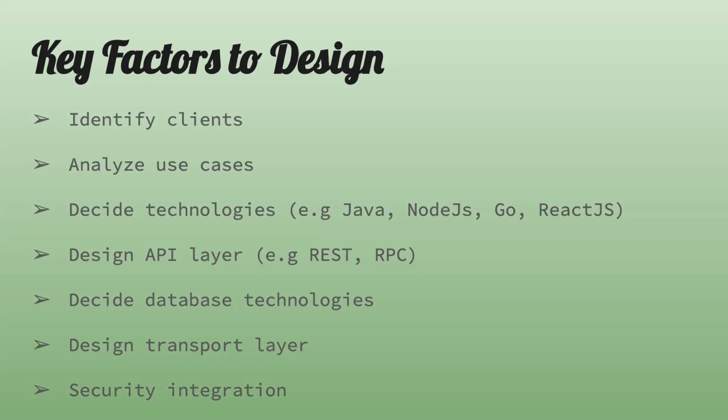What kind of APIs? We can use REST APIs or RPC. If it comes to RPC, we need to think about the forward and backward compatibility of these APIs, because when we change our backend services, how will it affect the existing clients? That kind of thing needs to be considered when designing the API layer.